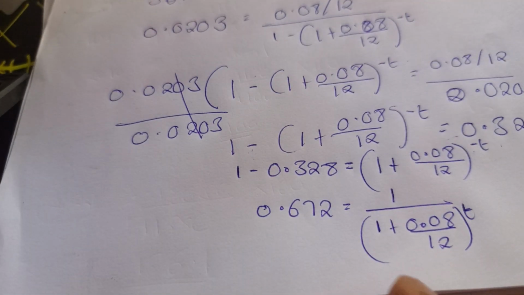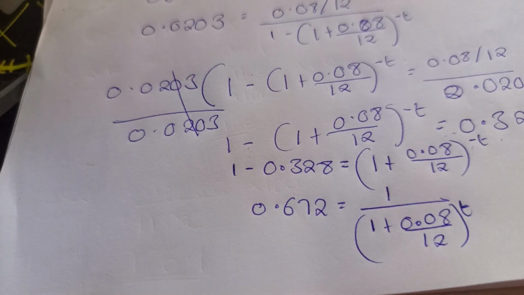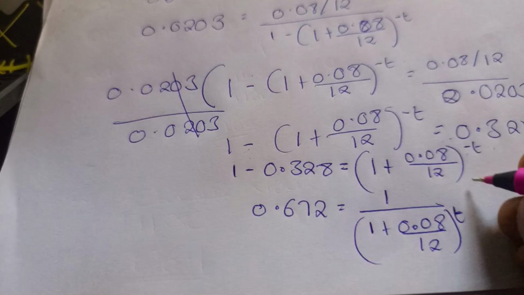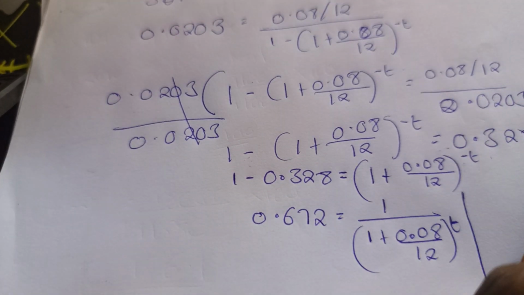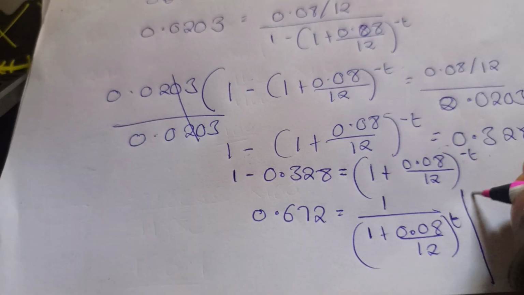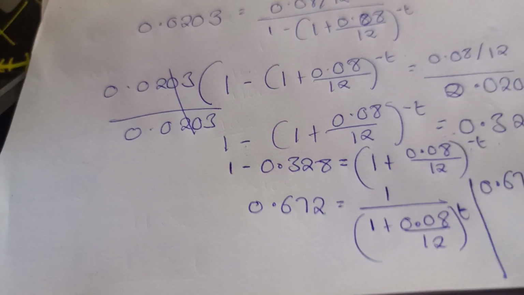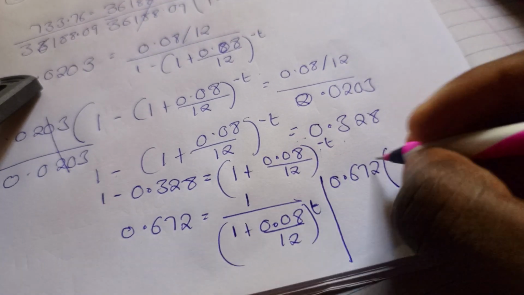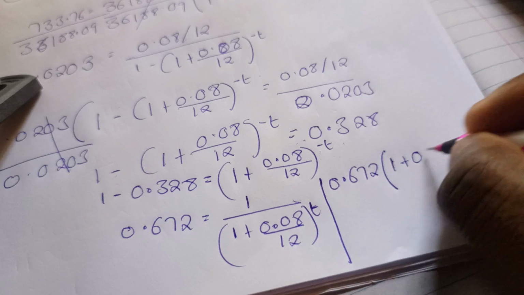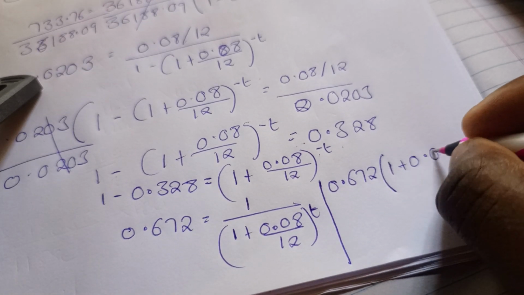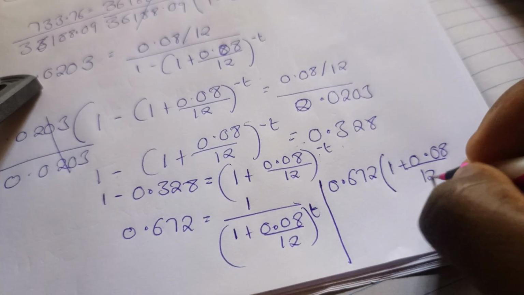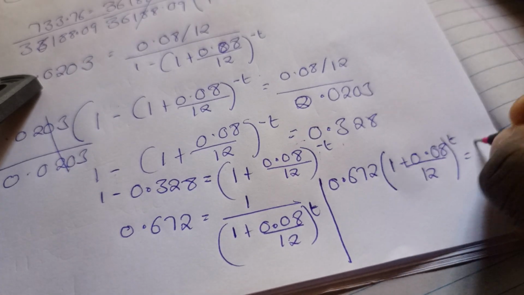Then from here now we can cross multiply again, where we will have 0.672, the same. We'll multiply it, so we'll have 1 plus 0.08 over 12 to the power t is equal to 1.